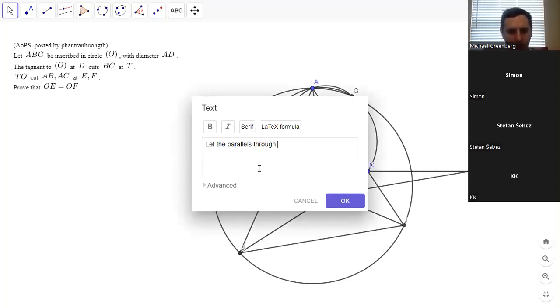Parallels through D to AC and AB meet AB and AC at E prime and F prime.